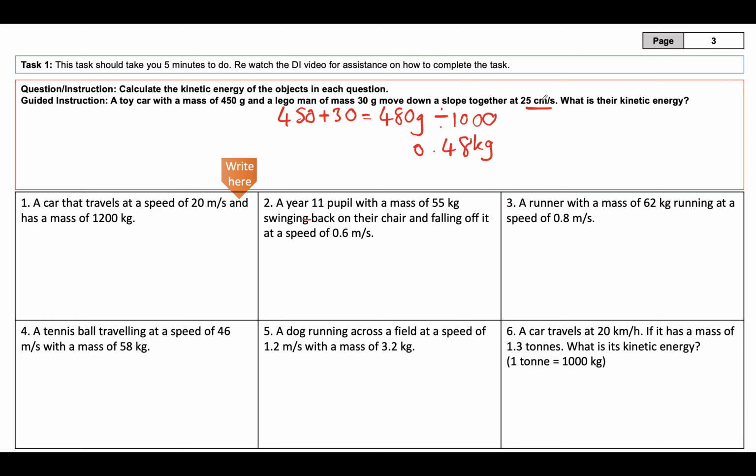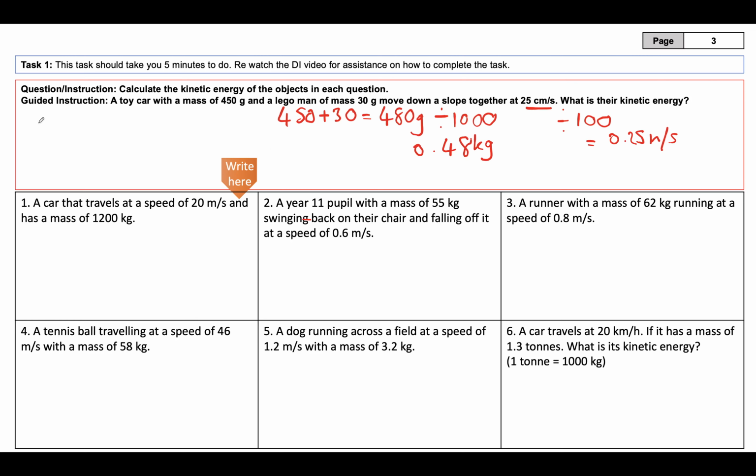So it's trying to catch me out again, but I know there's 100 centimeters in 1 meter, so I just need to divide this by 100, and that gives me 0.25 meters per second.